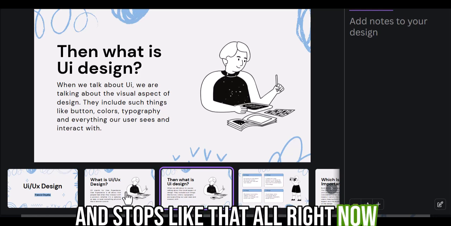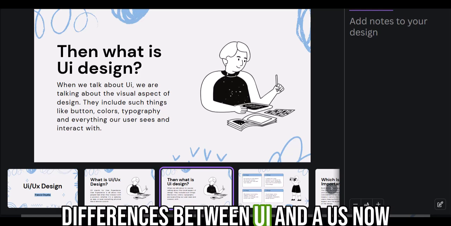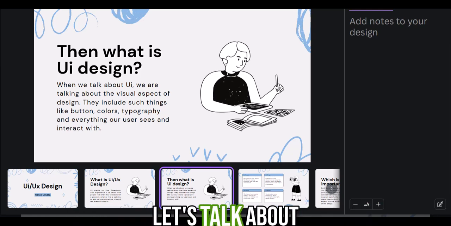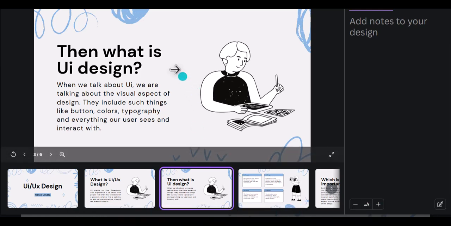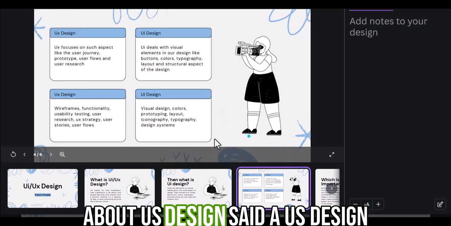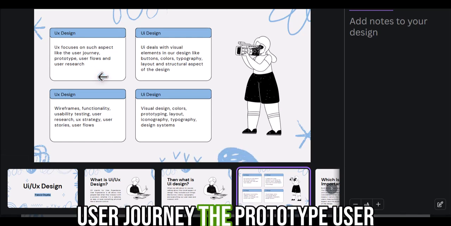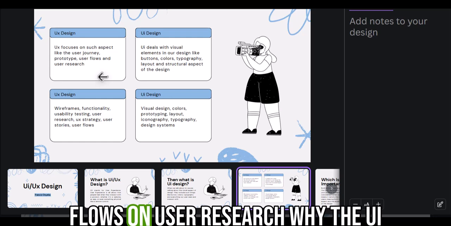Now, one may ask, what are the differences between UI and UX? When we talk about UX design, we say that UX design focuses on aspects like the user journey, the prototype, user flows, and user research.